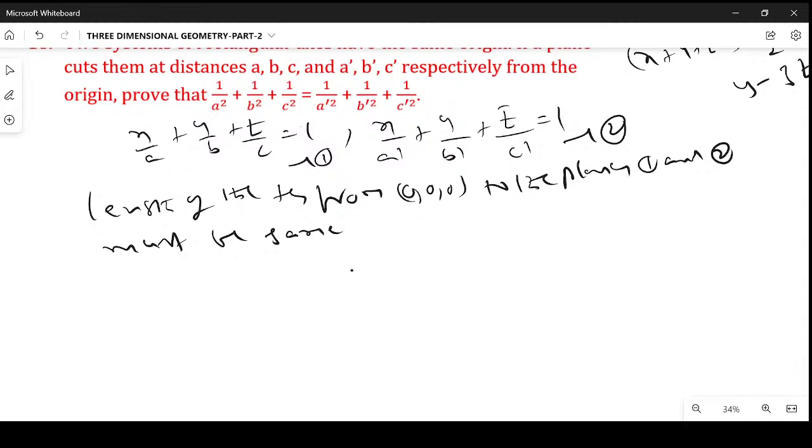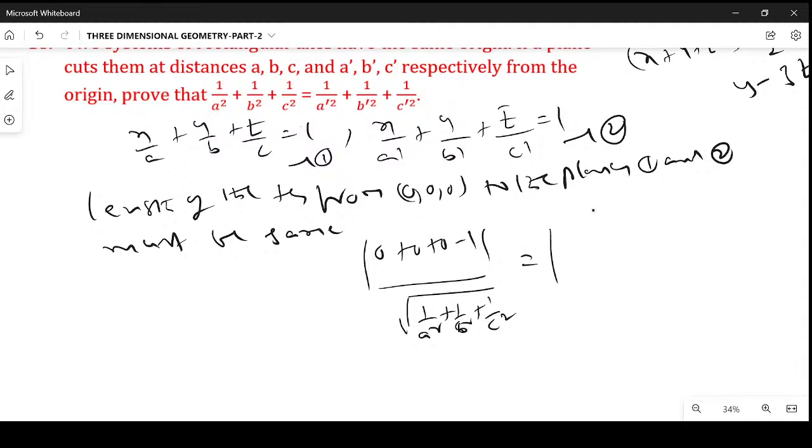Use the formula. We know that for the first equation, I can write for the point 0 plus 0 plus 0 minus 1, by root of 1 by A square plus 1 by B square plus 1 by C square, equal to the same thing.